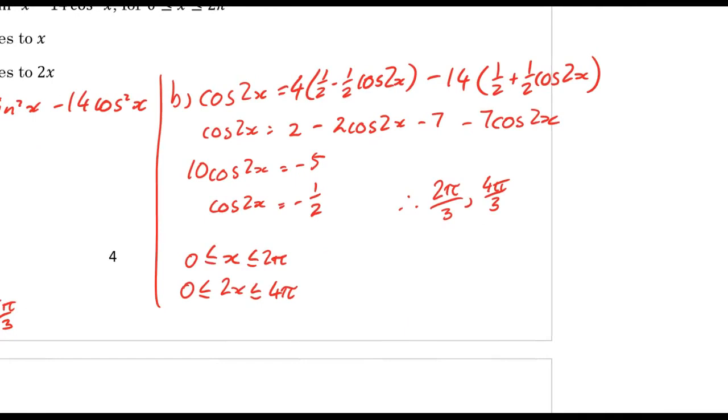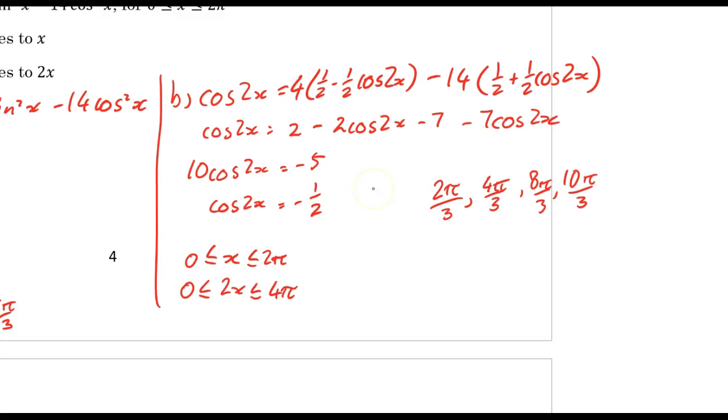But also if I make a full revolution again, because I've got up to 4 pi, so another 6 pi on 3 here, I'll get 8 pi on 3, 10 pi on 3. Oops, I should say 2x in here. It's a bit sloppy.